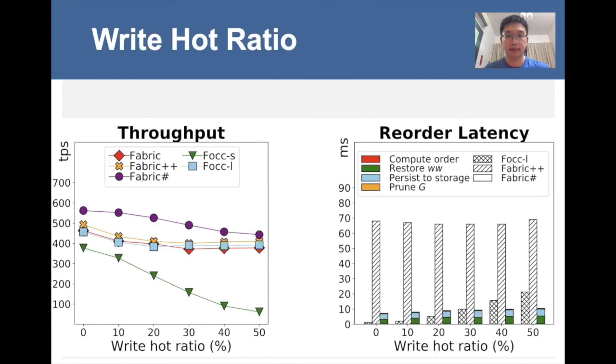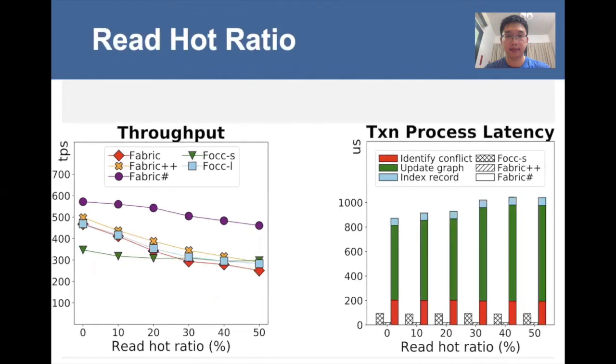In the third experiment, we repeat the same setting but vary the read-hot ratio and measure the processing time for each transaction. Our Fabric Shop can still get the best performance, but the results show that most of the delay of Fabric Shop is attributed to the individual transaction processing.